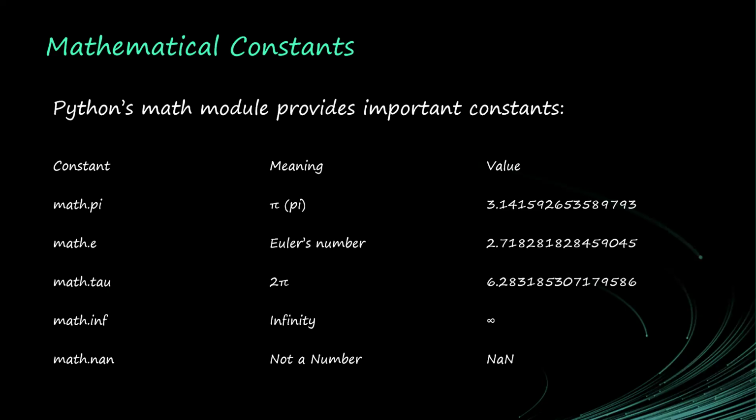Some of the constants available in the math module are pi, Euler's number, tau, infinity, and not a number. I doubt that you're going to be making use of any of these right now. The one you could be making use of is pi, which is a constant in the math module.